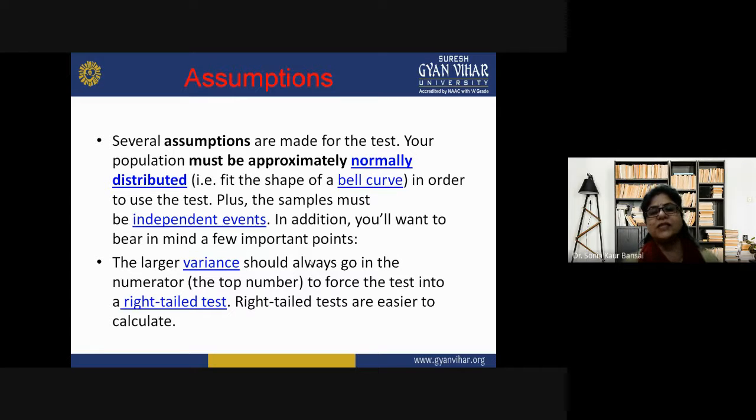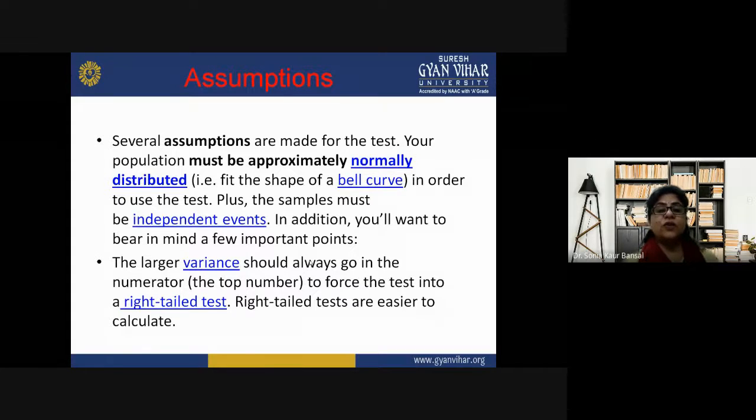Several assumptions are made for the test. Your population must be approximately normally distributed. It fits the shape of a bell curve. The bell curve is actually the best curve, the NPC, normal probability curve, in order to use the test. Plus, the samples must be independent events.